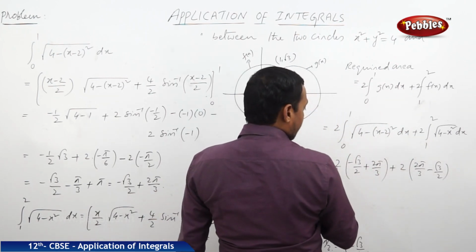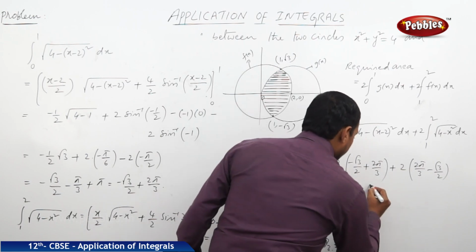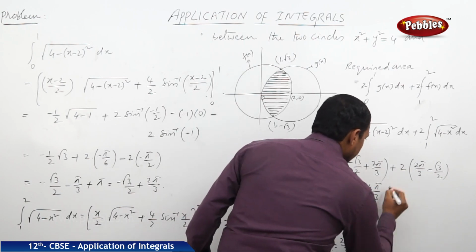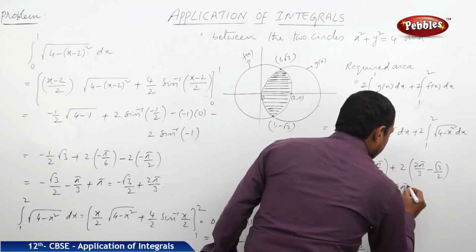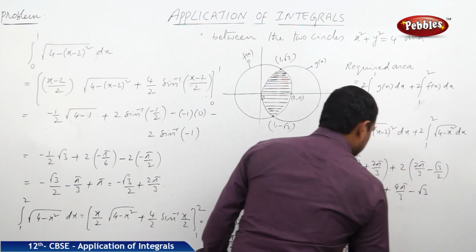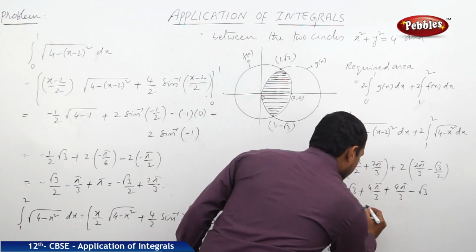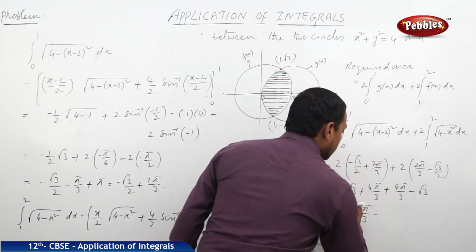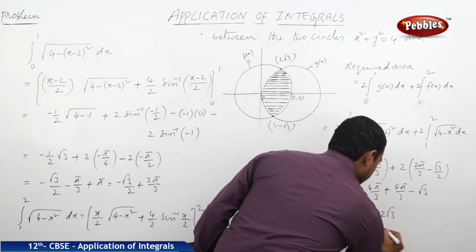When multiplying with 2, it is minus root 3 plus 4 pi by 3. Multiplying with 2, 2 into 2 pi by 3 is 4 pi by 3, minus 2 into root 3 by 2, minus root 3. So finally this is 4 pi by 3 plus 4 pi by 3, 8 pi by 3, minus root 3 minus root 3, minus 2 root 3.